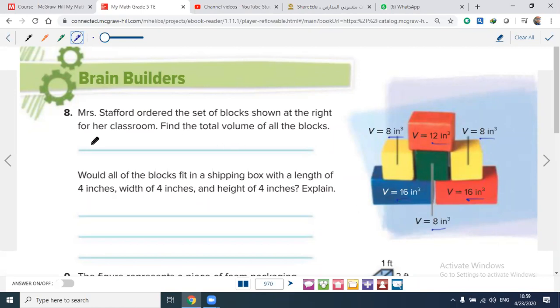Okay, the volume will be, no one found it? 68. Sure? Yes, you're right. 68 cubic inch.